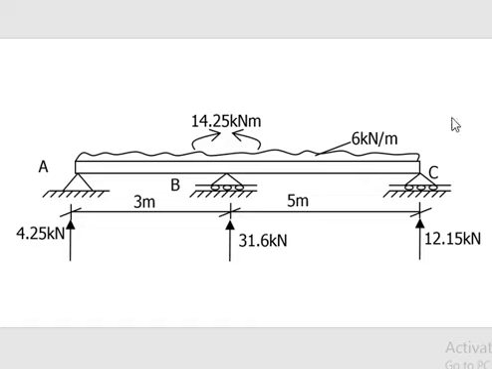That's correct. Sorry, at support B, the vertical reaction there is 31.6. Support C is an end support that is pinned, so moment there is 0, which is correct, and the vertical reaction there is 12.15.